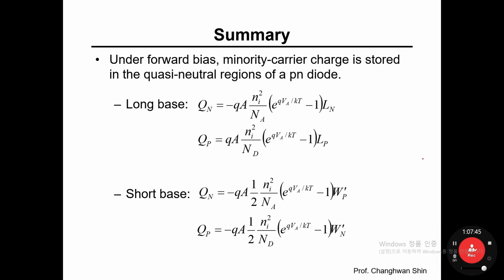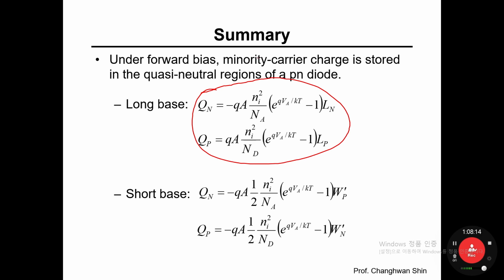And also for long base, we can estimate quantitatively how much electrons can be stored in the p side and how much holes can be stored in the n side. So for given forward bias VA as described here, we can quantitatively estimate how much charge can be stored in the n side and p side.